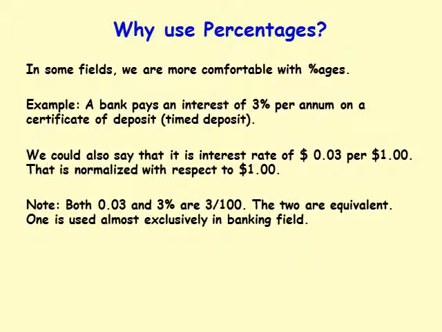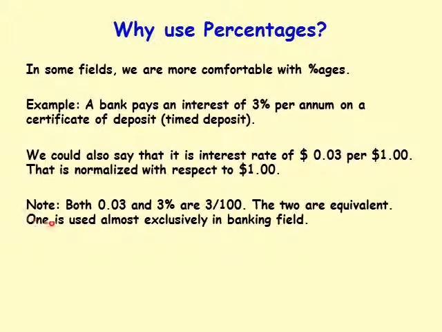Note both 0.03 and 3% are 3 divided by 100. This had an implied denominator of 100, that's 3 over 100. And when we convert 0.03 to a common fraction, it becomes 3 divided by 100. The two are equivalent.